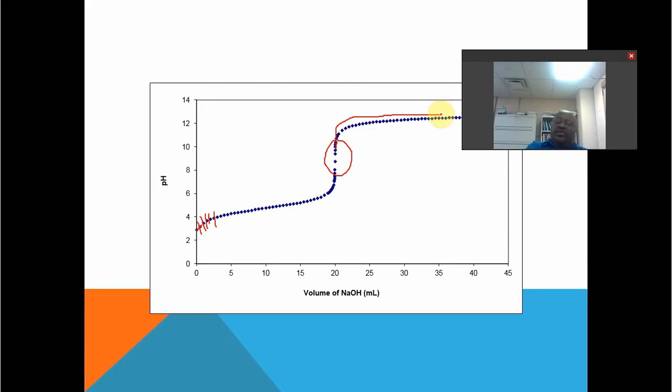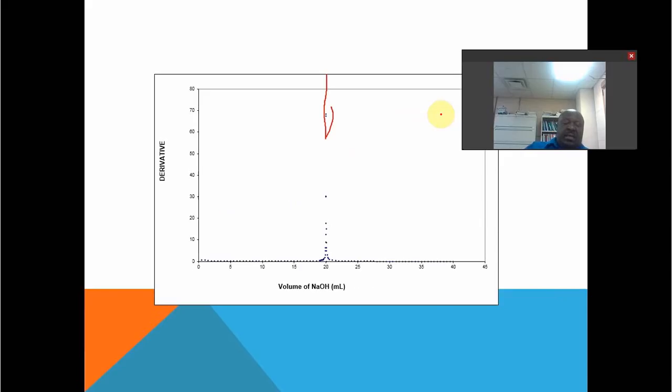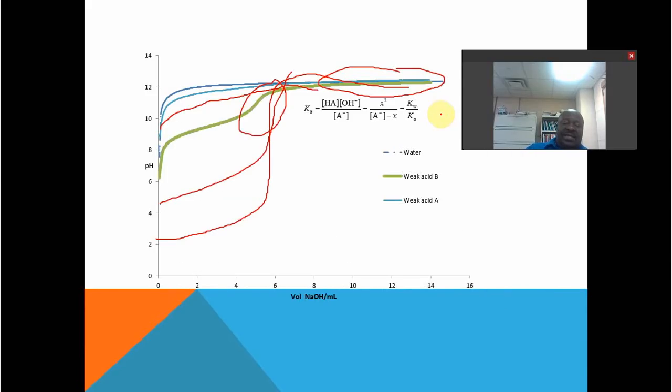What you will find generally is that the system begins to fail at around 10 to the minus 10, when Ka is less than 10 to the minus 10.